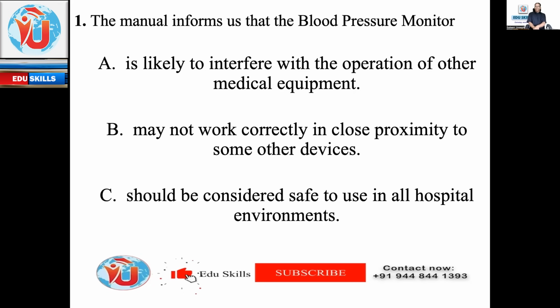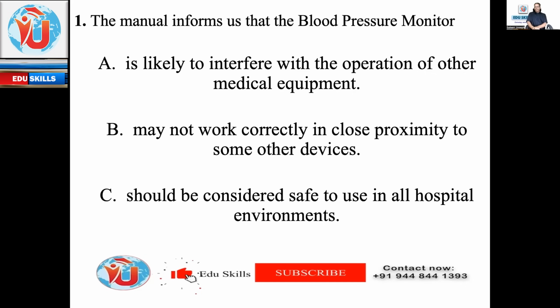Now, the manual informs. Inform is a keyword, hedging word, and the instrument name. Whenever there is a name, the name is a hedging word or key expression. Blood pressure monitor. And the first option A speaks about interference with other medical devices or equipment. Interference with other medical equipment by the BPM.